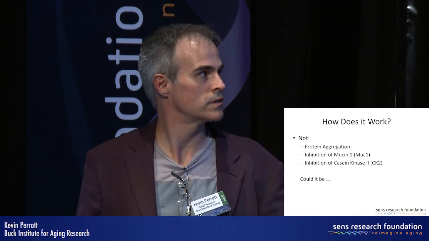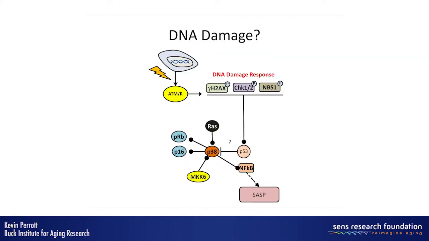So we continued on, and we looked at the DNA damage pathway. We looked at both RAS overexpression and oncogene-induced senescence, MKK6, which is a hyperproliferation signal, P38, which is operated on by both of those, and finally we started looking at NF-kappa B, which is one of the transcription factors for IL-6.